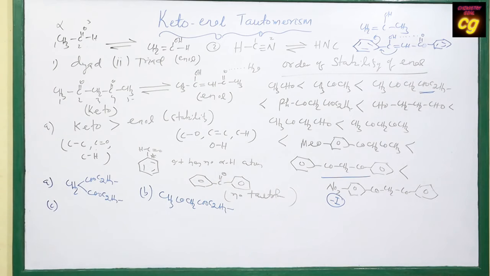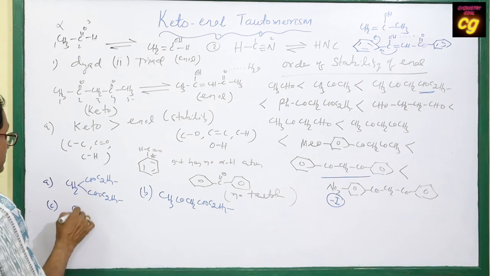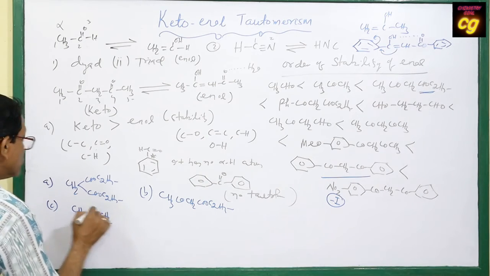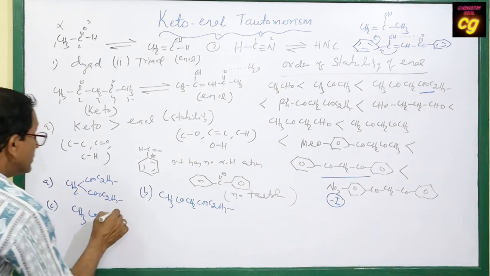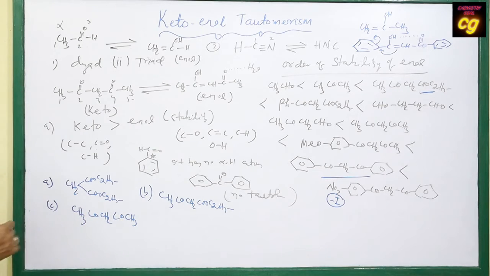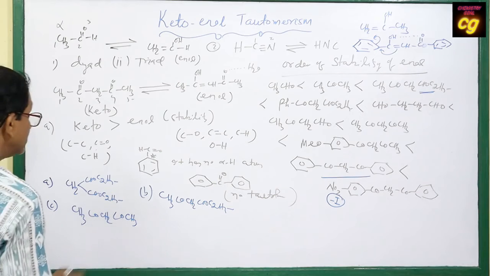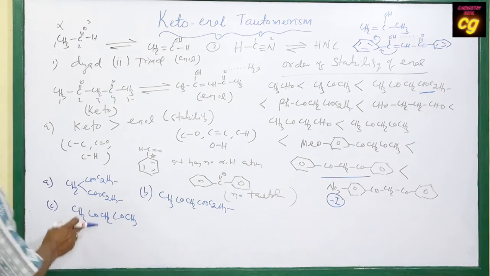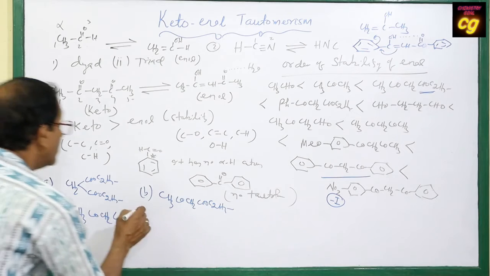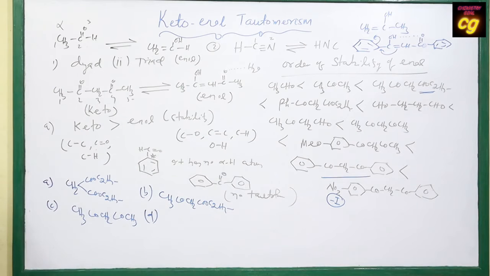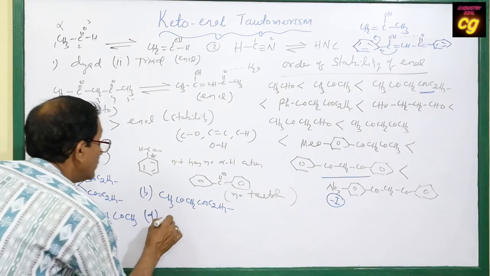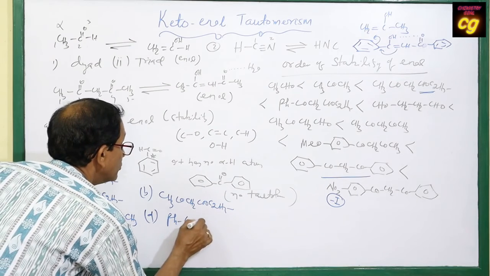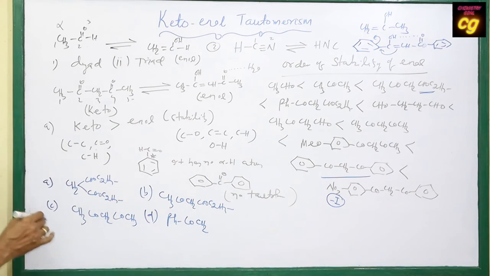The third one is CH3 CO CH2 CO CH3, acetylacetone, that is pentane-2,4-dione. Another structure is like this, where a phenyl group is attached: phenyl, CO, CH2, CO, CH3.